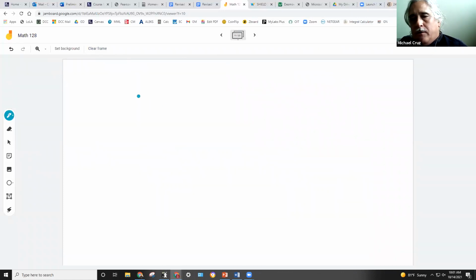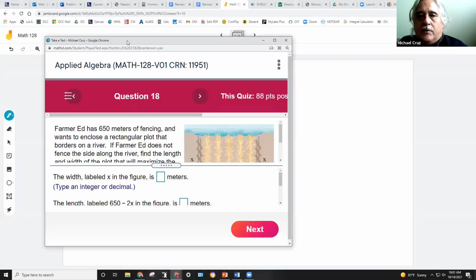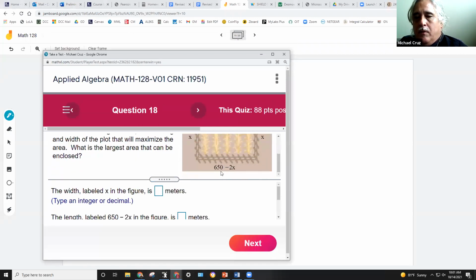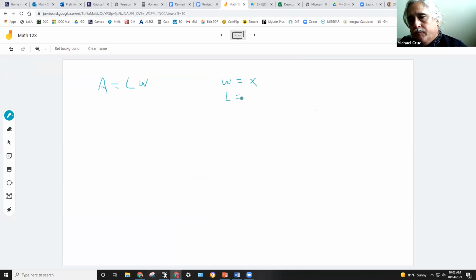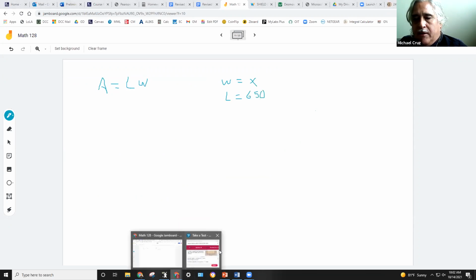All right, so remember, length times width is the area. So let's just fiddle with the width. The width is equal to X. They're not asking us to set this up.